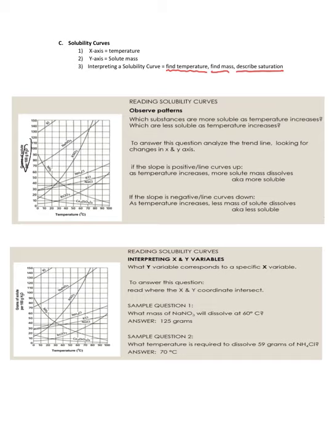So, reading the solubility curves. First of all, just observing the pattern. Let's look at these questions. Which substances are more soluble as temperature increases? As we look across the x-axis, as temperature increases, we look at our lines, and most of them are going up.